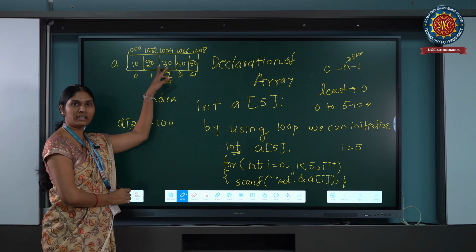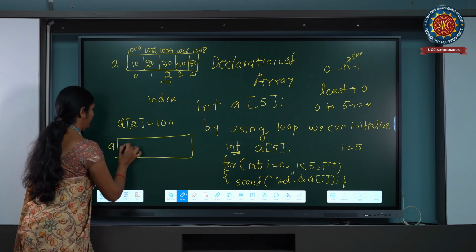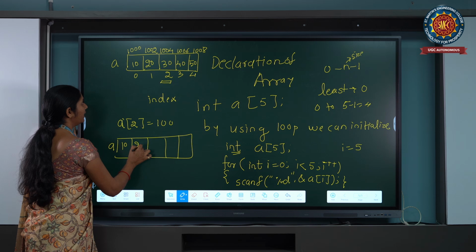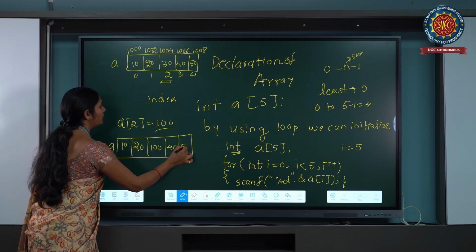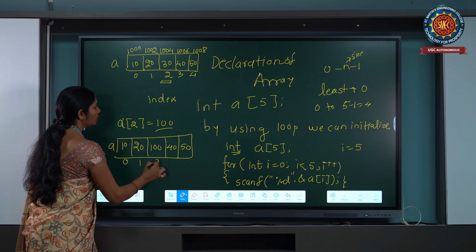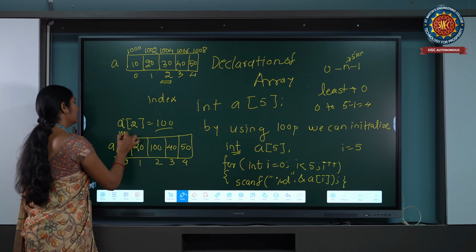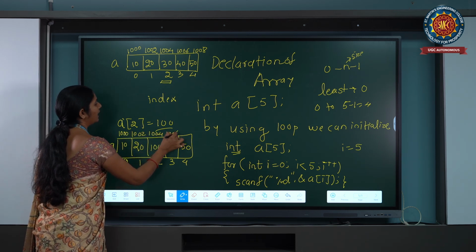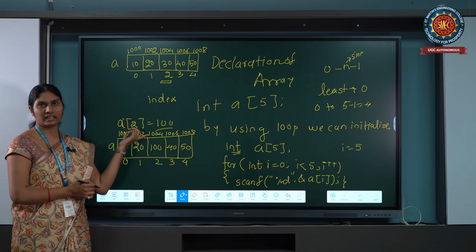Directly we can store in A of 2, the value will be stored as 100. Yes, 10, 20, 100, 40 and 50. Same 0, 1, 2, 3, 4. The addresses will be 1000, 1002, 1004, 1006 and 1008. Directly we can change the array elements.